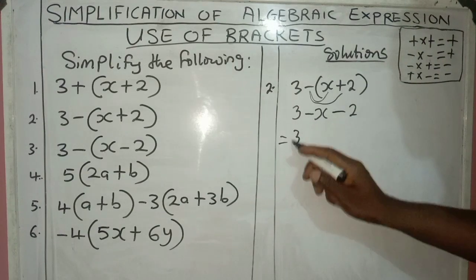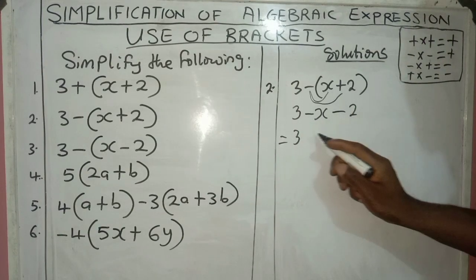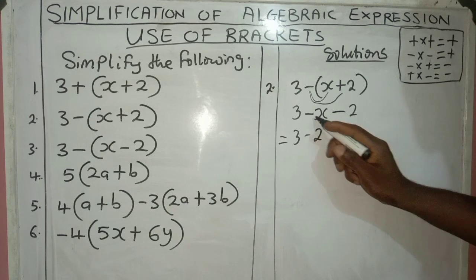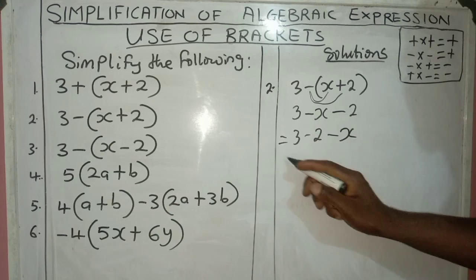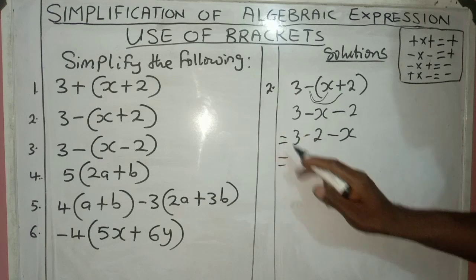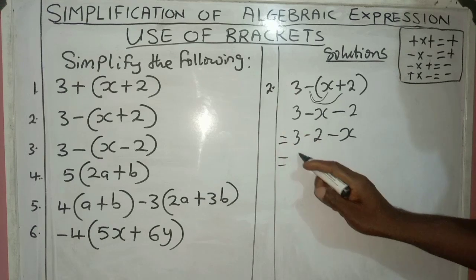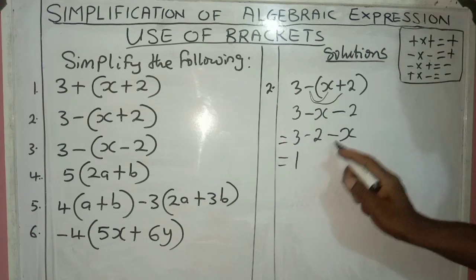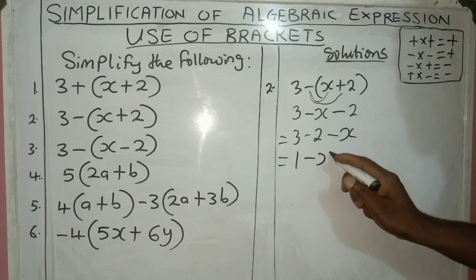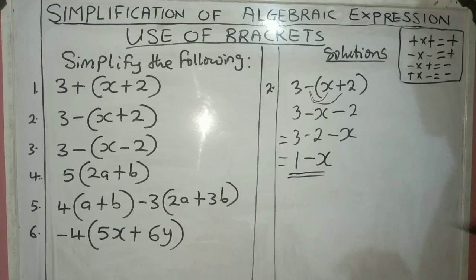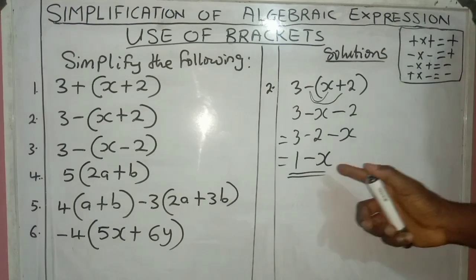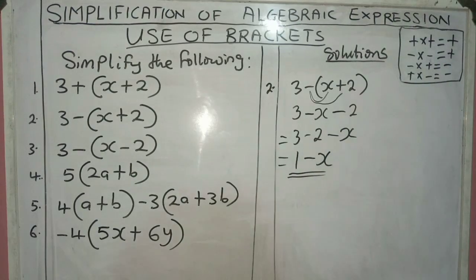We have 3 here. The like term to 3 will be minus 2. So we say 3 minus 2, then finally minus x. 3 minus 2 will give us 1. So our answer will be 1 minus what? x. This will be our final answer. We cannot combine them further because they are unlike terms. So that's the end of number 2.